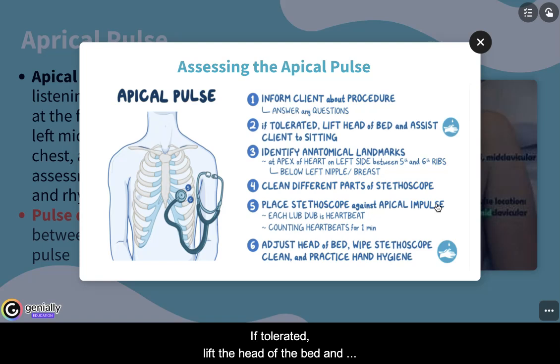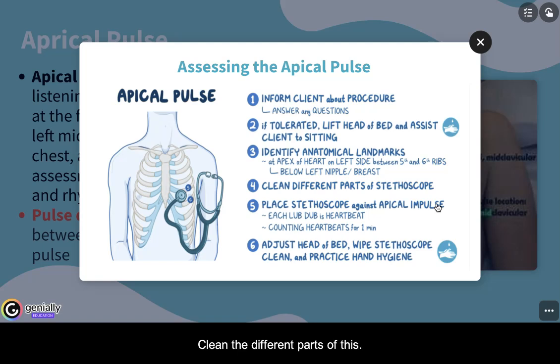If tolerated, lift the head of the bed and assist the client to a sitting position, if it's not contraindicated. Identify anatomical landmarks at the apex of the heart on the left side between 5th and 6th ribs. It falls right below the nipple or the breast, right? So you're counting between the 5th and 6th rib, right?